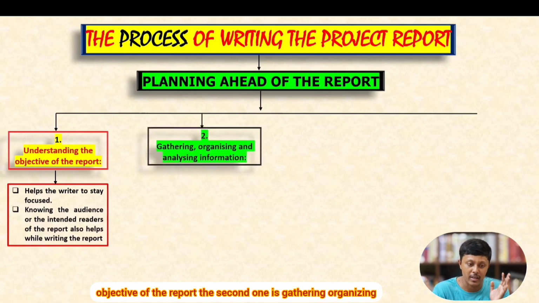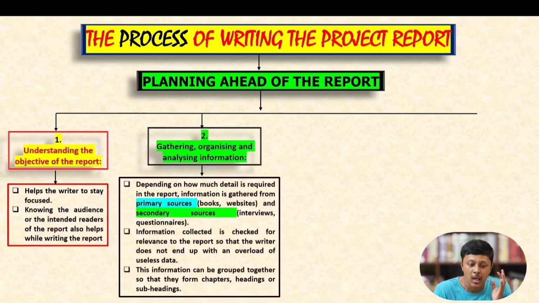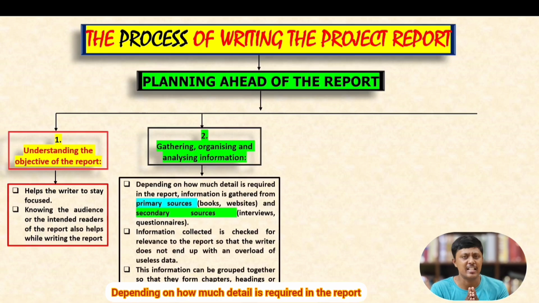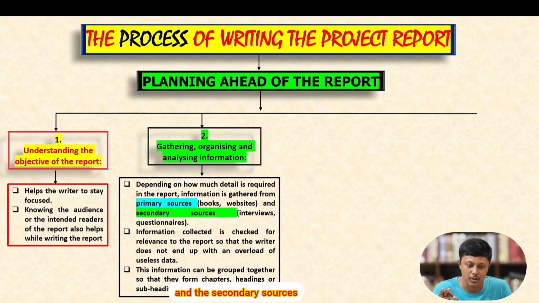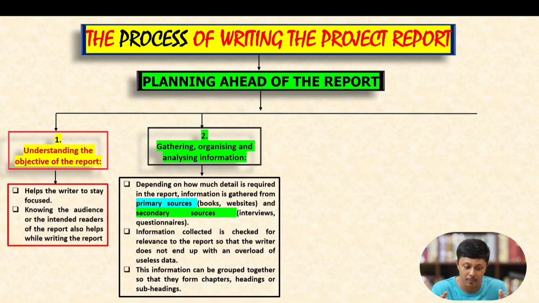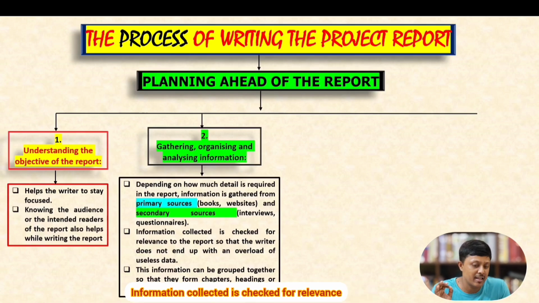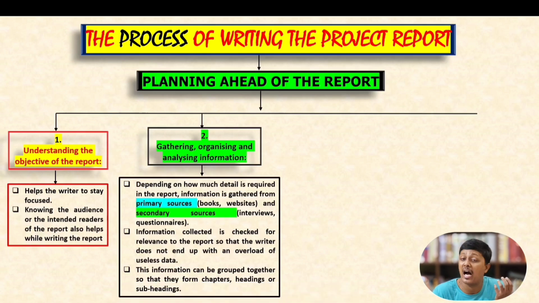The second one is gathering, organizing, and analyzing information. Depending on how much detail is required in the report, information is gathered from both primary and secondary sources. Primary sources are like books, websites, etc., and secondary sources are interviews, questionnaires, etc. Information collected is checked for relevance to the report so that the writer does not end up with an overload of useless data.